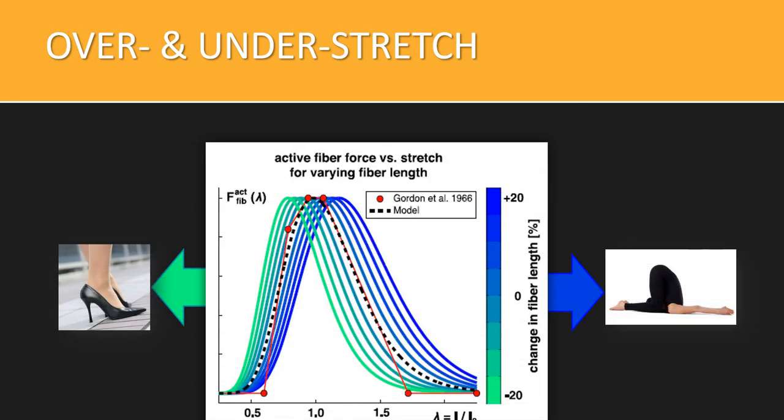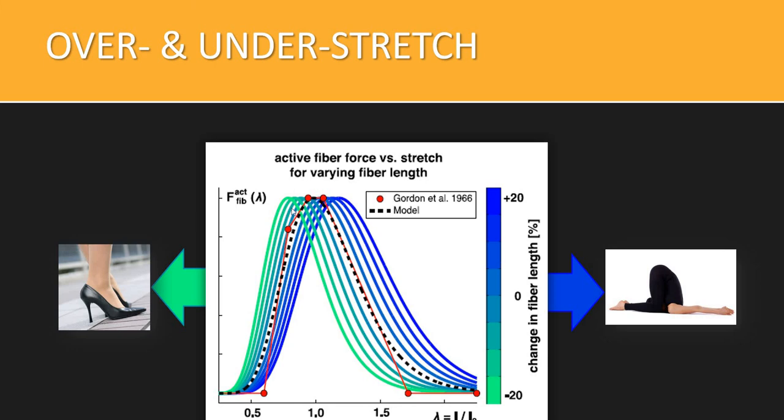In terms of the active force component, understretch and overstretch do not alter the overall force output of the muscle, but again they cause a leftward and rightward shift. Understretch causes a leftward shift, meaning maximal force output occurs at a shorter length.